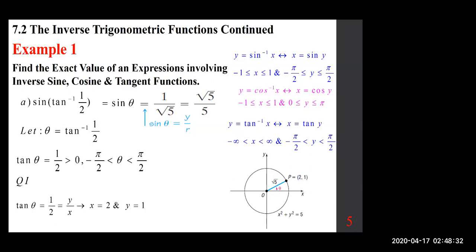By the way, things in blue and red or purple on the right side are just the repetition of things we've seen to refresh your memory about inverse functions. So we're going to continue on these thoughts and look at a couple more examples. Are there any questions? Is everybody okay with this so far?